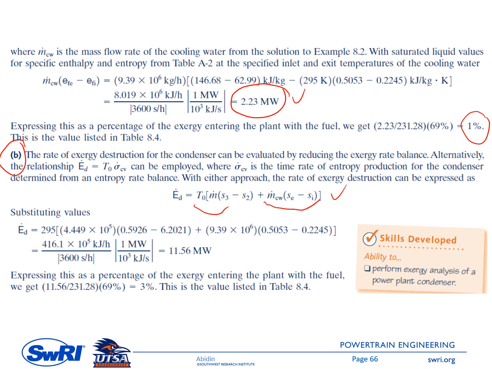And you have all the numbers, you just plug in and you will get 11.56 megawatts. So this is the exergy destruction inside the condenser. And then if you take the ratio of this number to the exergy entering the system from the hot gas and then multiply it by 69%, you get 3%. So 3% of the exergy destruction is inside the condenser.